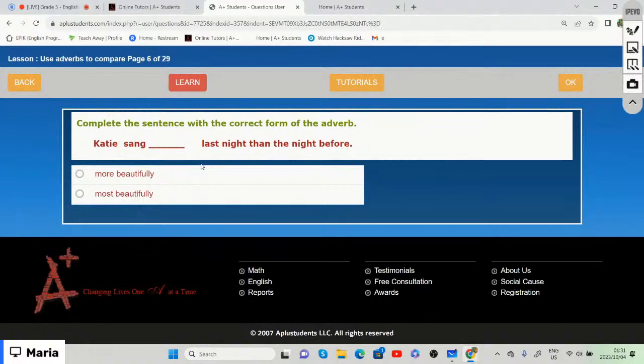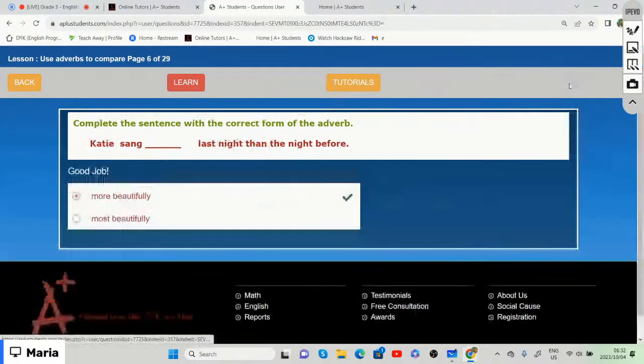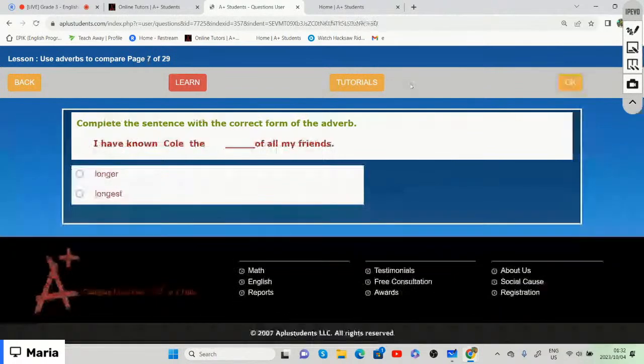So we are basically going to say more beautifully last night, so more beautifully is correct.